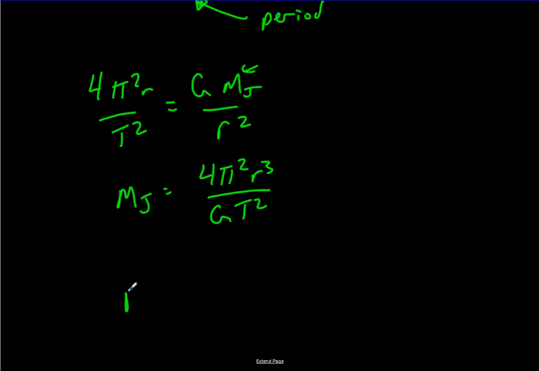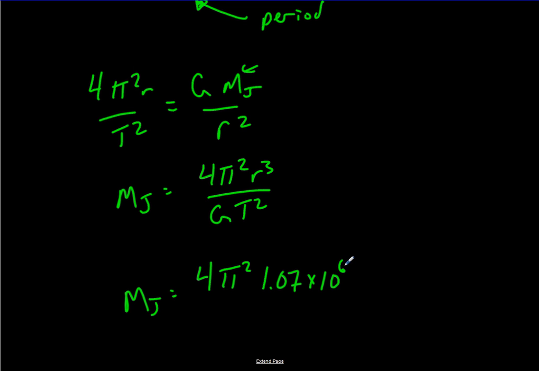And can you find me some values that we might be able to get off the web? 4 pi squared, what is the radius of Ganymede's orbit around Jupiter? No, I can't use miles. 1.07 times 10 to the 6 kilometers? Yeah, that's what it is.